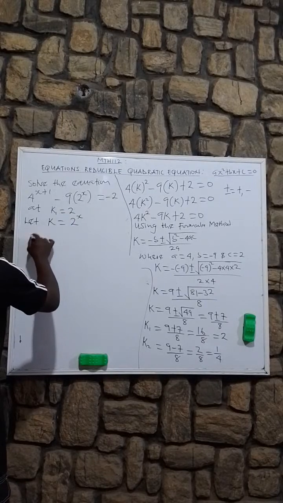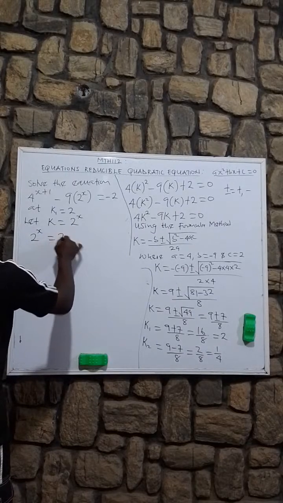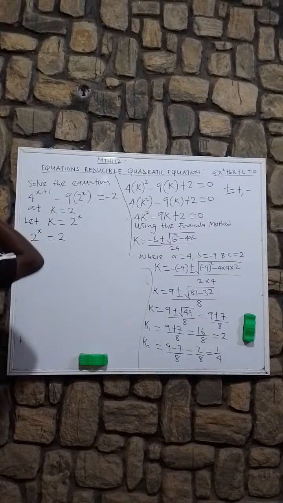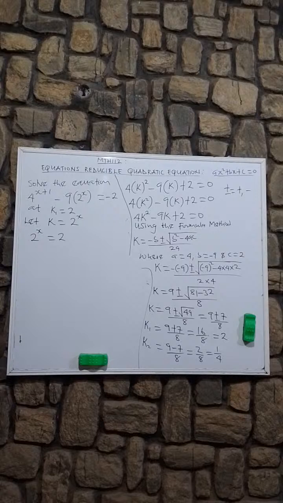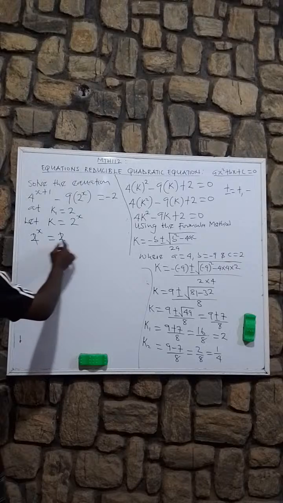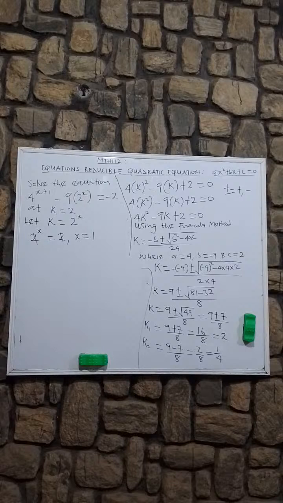So here we now have 2 raised to the power x is equal to 2. This and this will go, giving us x equals 1. True or false?